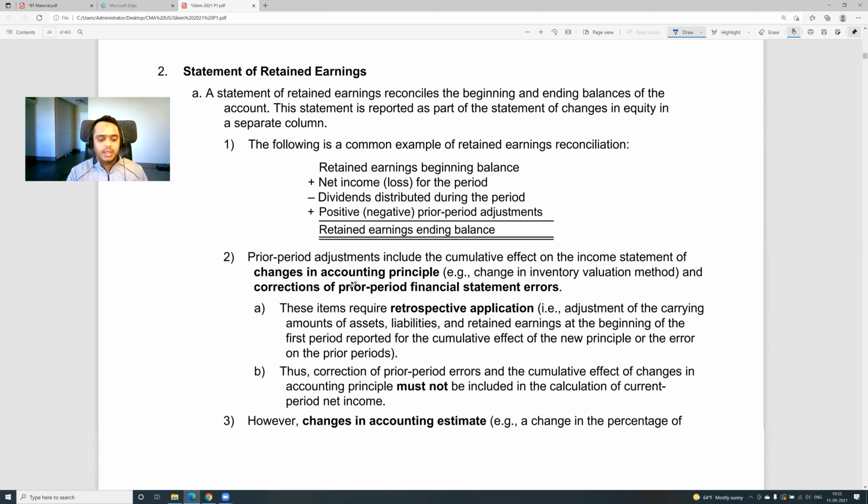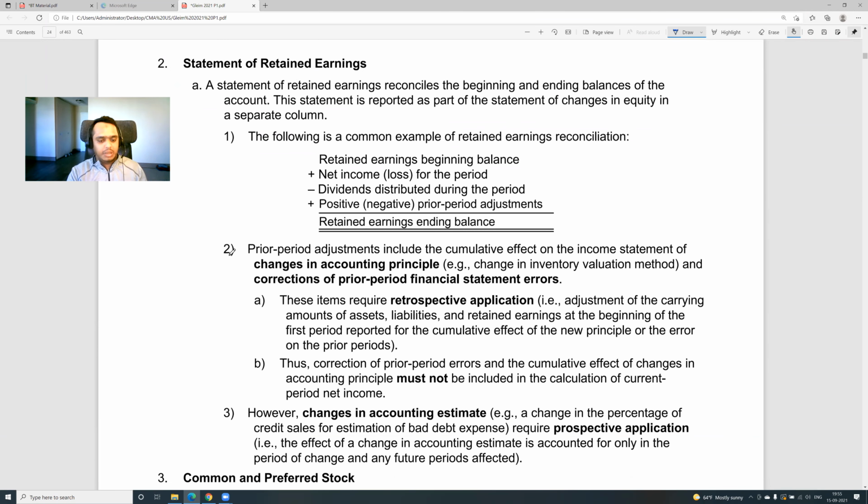Okay. Then comes prior period adjustments. How do you make these prior period adjustments? Suppose you have to make some adjustment. Do you do it with a retrospective effect or a prospective effect? A retrospective effect is when there is a change in the accounting estimate or accounting recording method, and you need to go back and change it from day one.